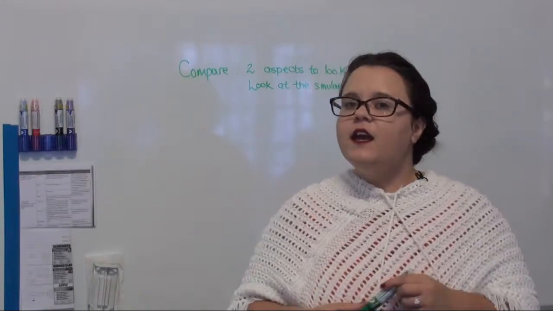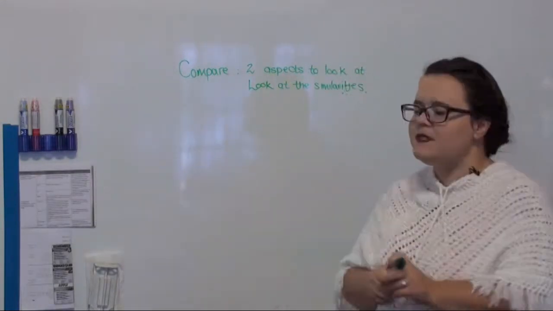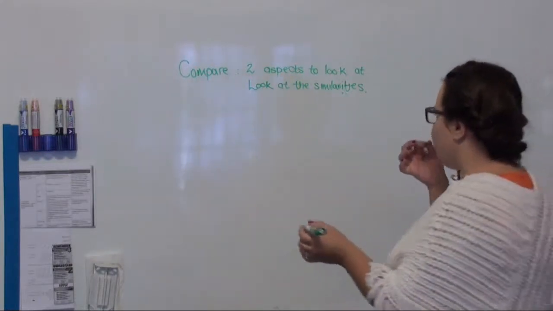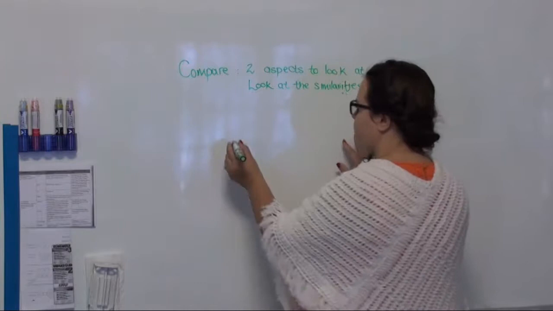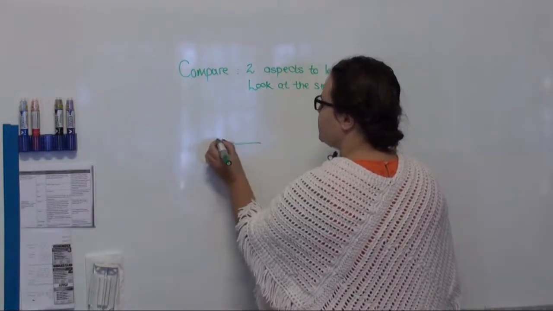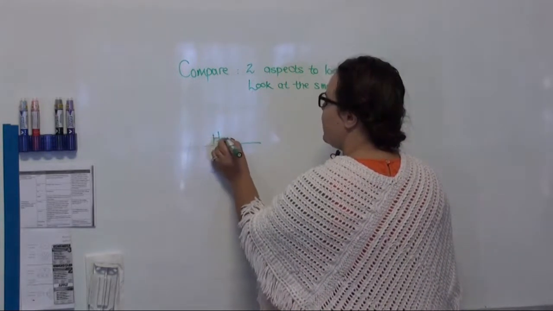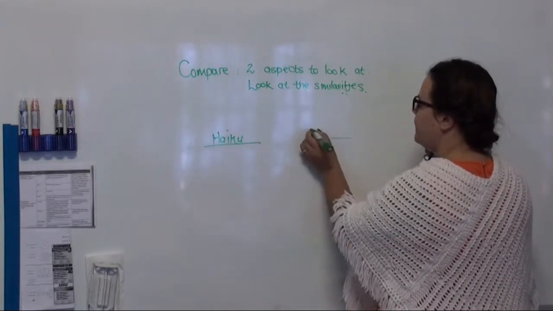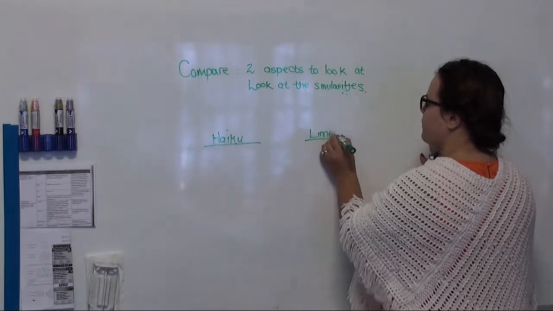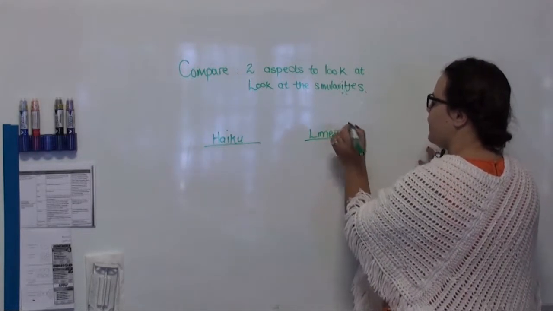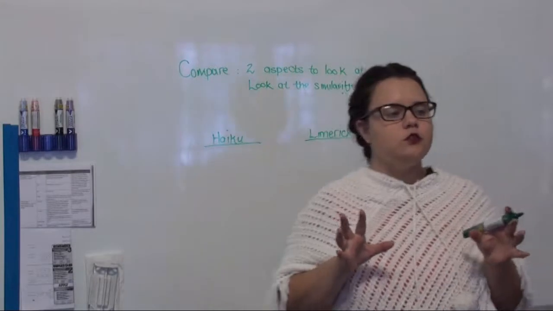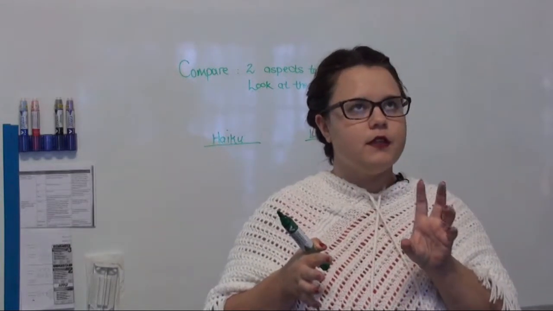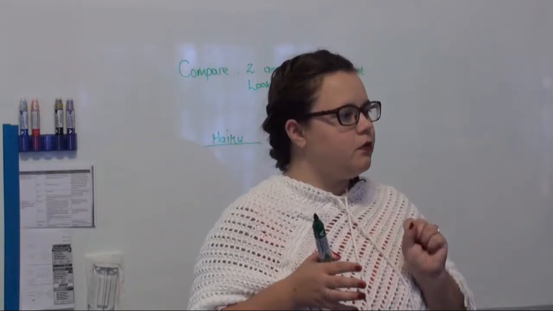Okay? If they give you a very specific thing to be looking at, so let's give you an example from English. We have two different types of poems. Let's take a haiku and let's take a limerick. Okay? If I were asking you to compare these things, there are very specific things that you could be looking for within poetry.